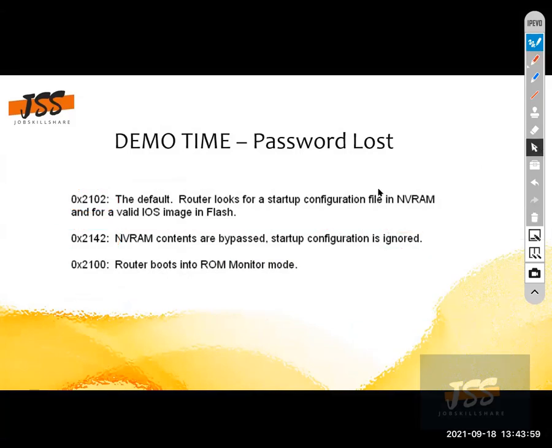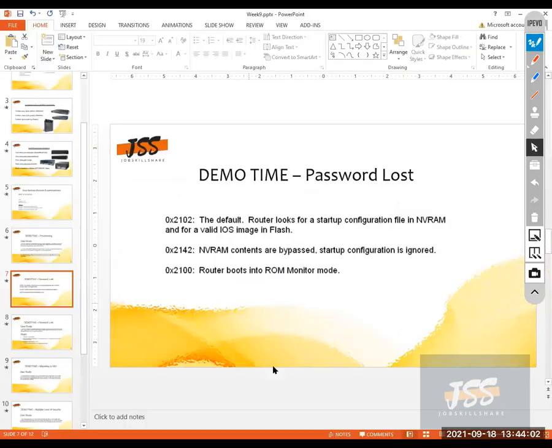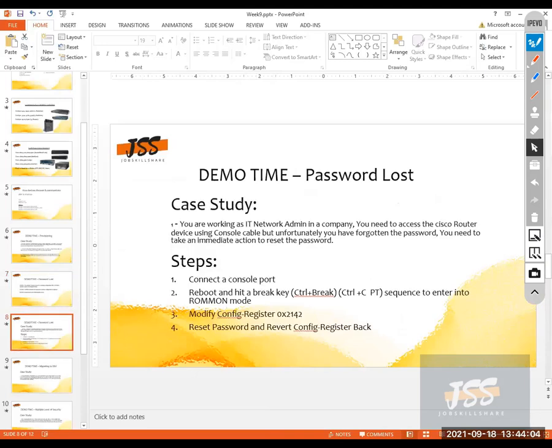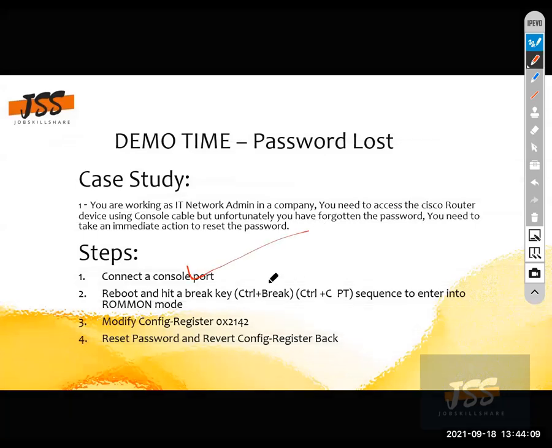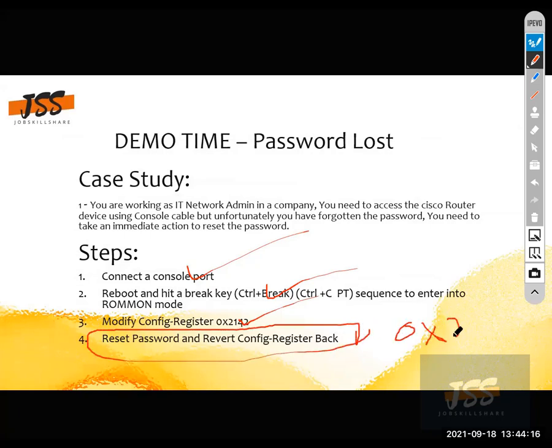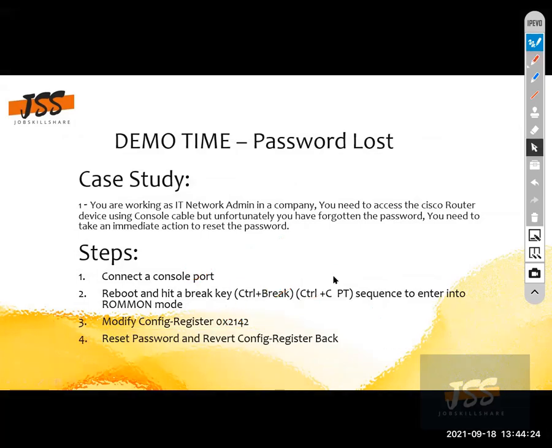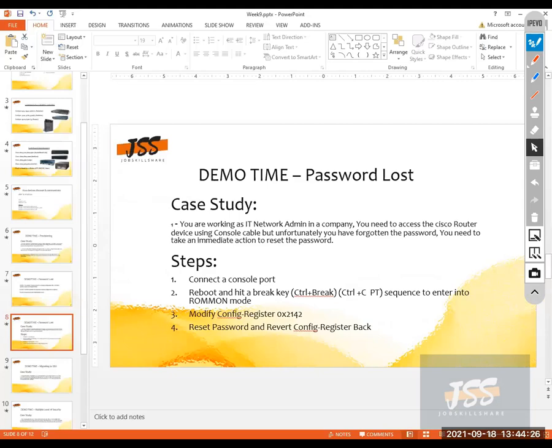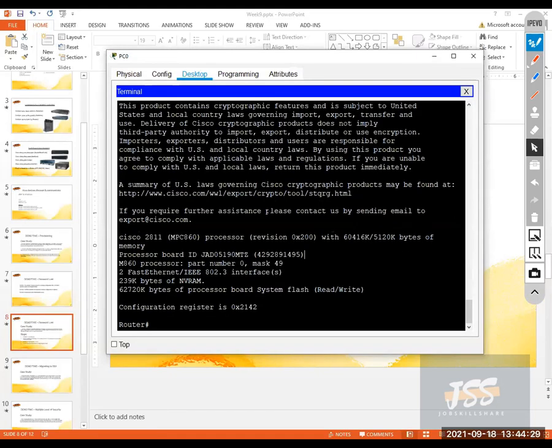So if I correlate with my steps, we have gone through this one, this one, and we did this one. Now we need to revert back to 0x2102 from this. To check that, I have already shown you: you run the show version command, and it will show you what you currently have in the configuration register.